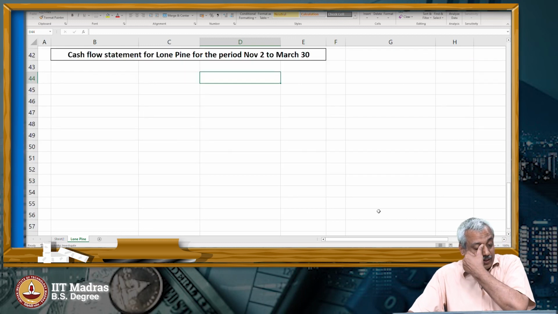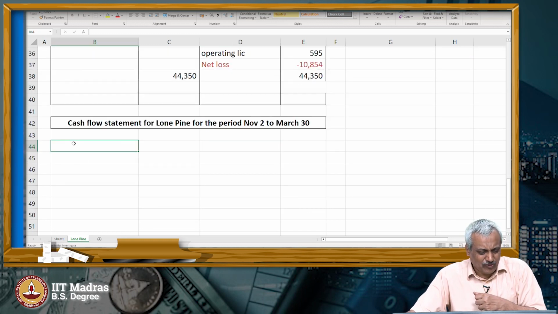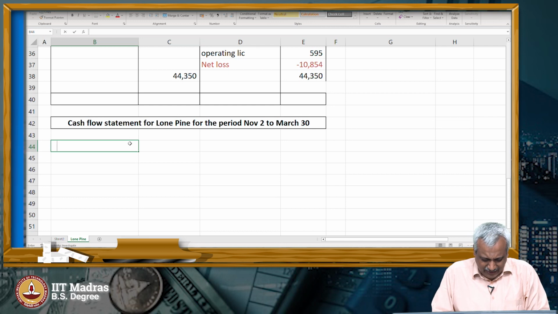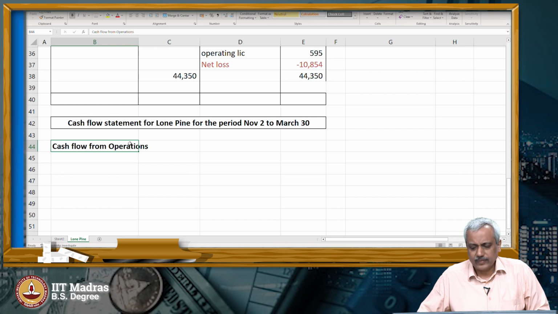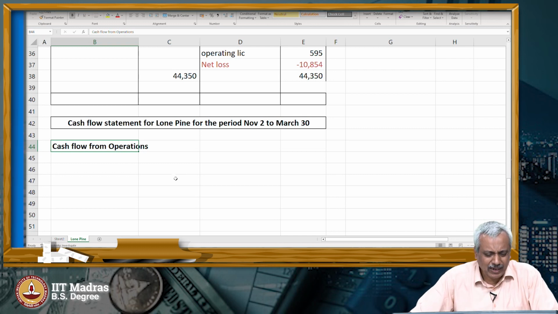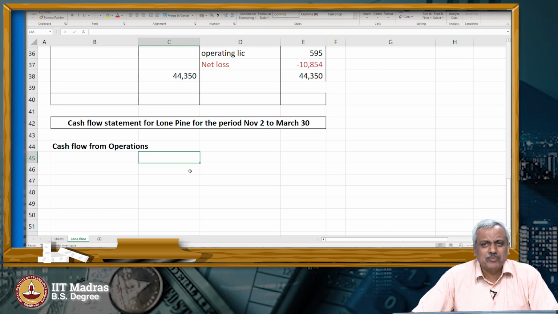Now let us look at what it is. We will say cash flow from operations. The first thing, cash flow from operations. What is the money that you have received from operations? What is the money that you have paid for operations?